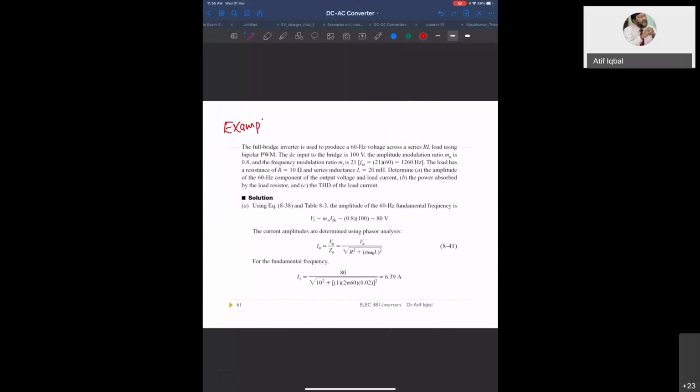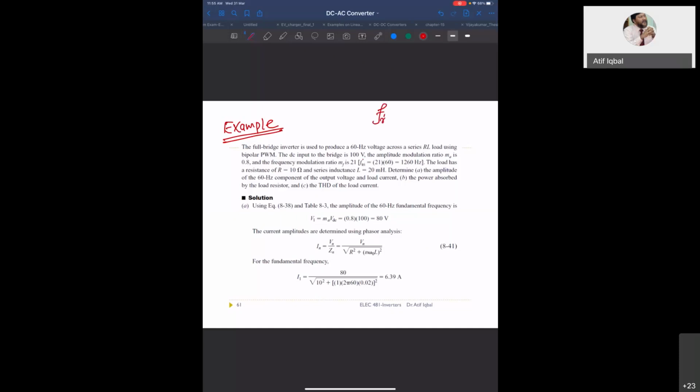Now this is an example. A full bridge inverter is used to produce a 60 Hz voltage across a series RL load using bipolar PWM. The DC input to the bridge is 100 volts. The amplitude modulation ratio ma is 0.8 and the frequency modulation ratio is 21.